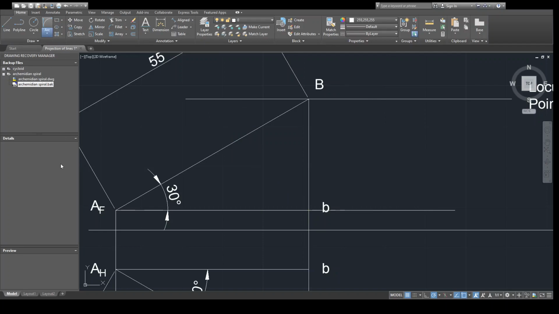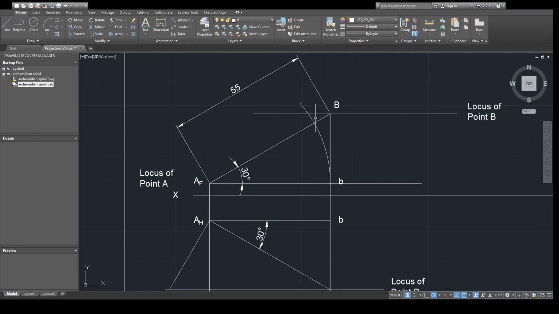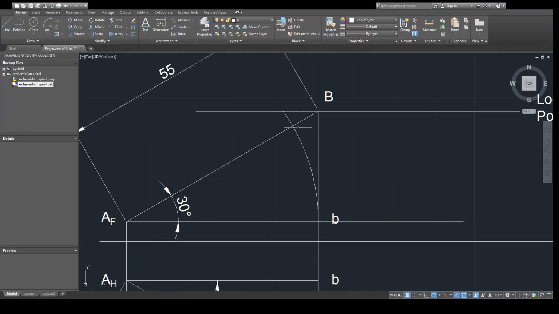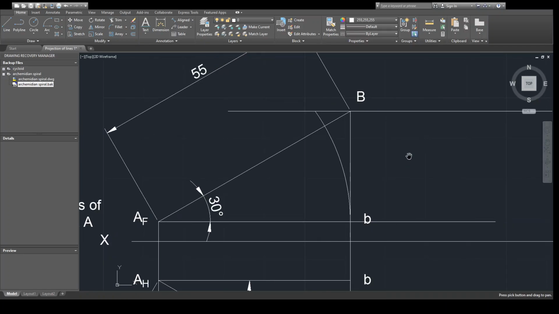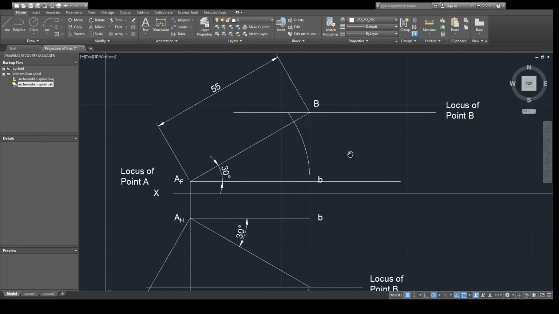Arc, start, center, end. This is my center. Yes, so we have drawn one arc up to the locus of point B. I will trim these extra lines. As you can see here, this arc is drawn up to the locus of point B.